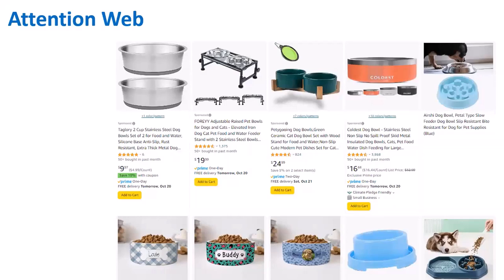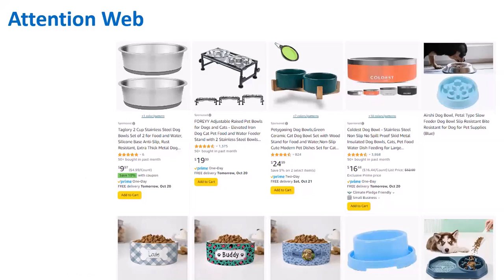So their goal is not to give you the information, it's to give you the advertising. So here, for example, I went on Amazon just looking for a blue dog bowl. I just wanted a blue dog bowl for my little dog. And it gives me hundreds and hundreds of results. And 1 out of 20 actually happened to be a blue dog bowl.